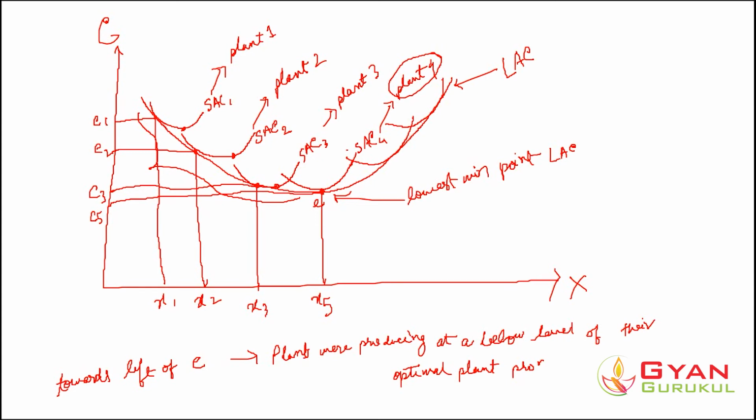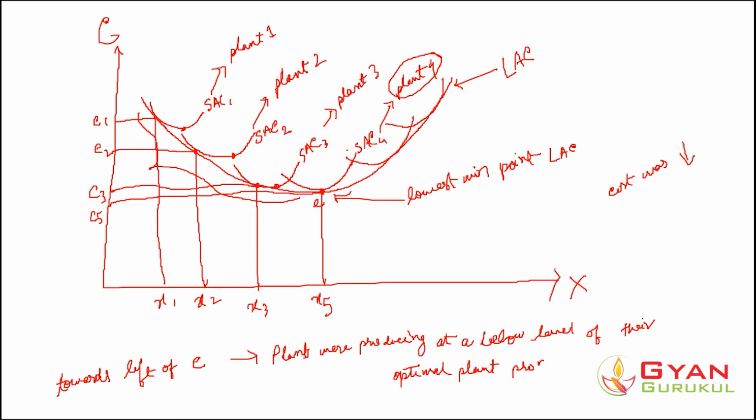That is why cost was decreasing. Cost was continuously falling because they were operating at less than optimal size, right? Cost would increase only after you exceed the optimal plant size.